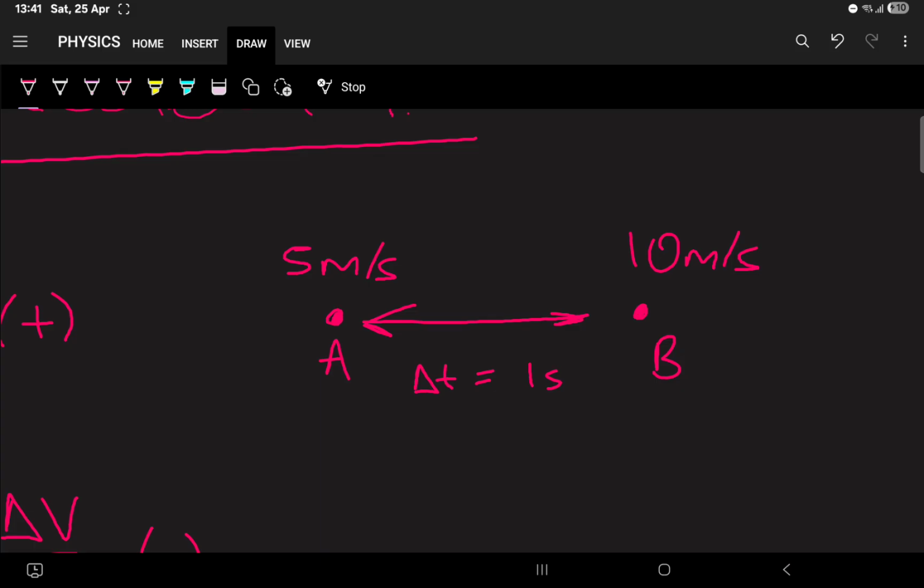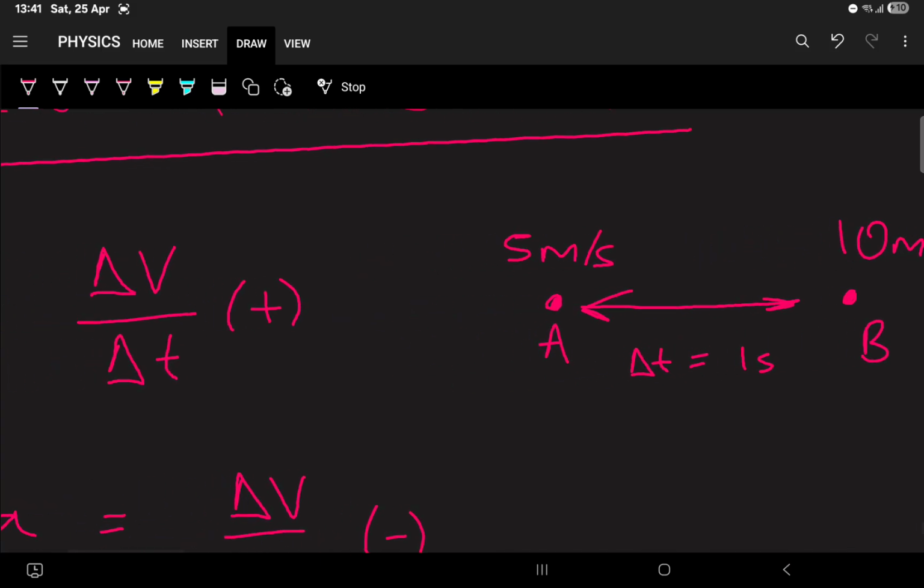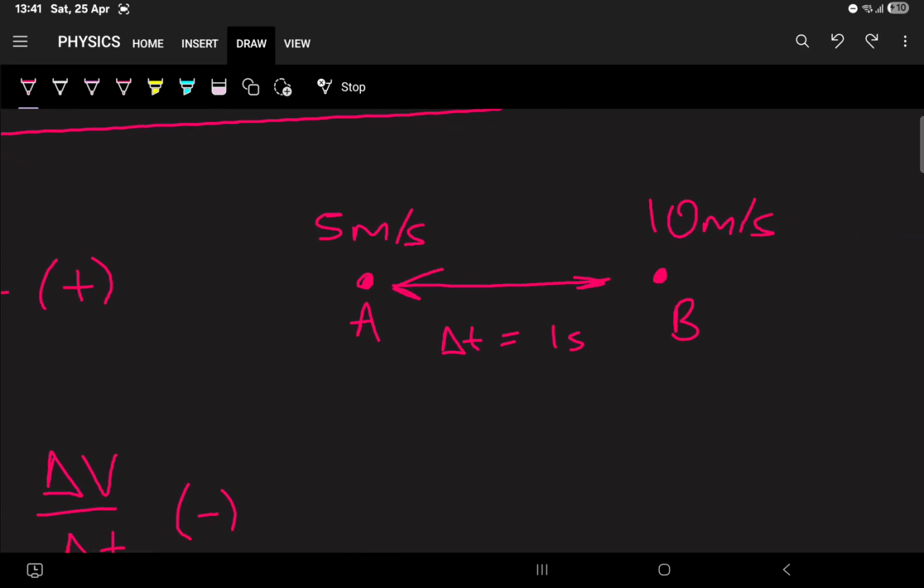The time interval is simply the final time subtracted by the initial time starting the journey. So let's say at point A the time was 5 seconds, at point B the time was 6 seconds. Therefore, the time interval, which we can denote by change in T, will be 6 minus 5 seconds, and this will give us 1 second.